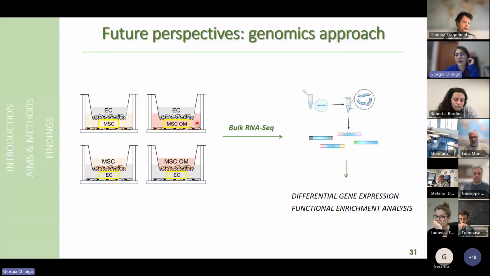And we sent this RNA sample to a company to perform a bulk RNA sequencing that now the bioinformaticians of our unit are analyzing in terms of differential gene expression and functional enrichment analysis, in order to better elucidate what happened at the transcriptional level on these two cell types when they are co-cultured with the other cell type.